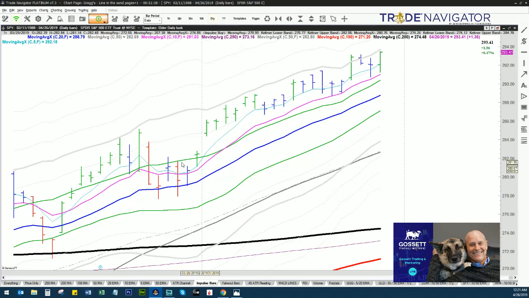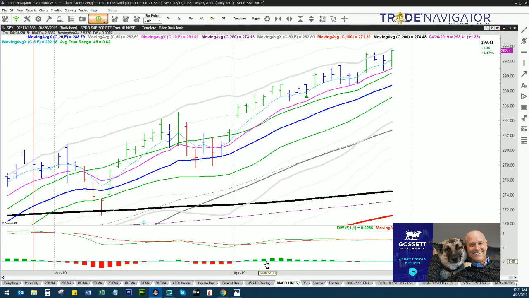So if you look at these bars, this bar is green. What does that mean? That means that the 13-day EMA has to be an upward slope, and it also means that the current MACD bar is higher than the previous MACD bar.